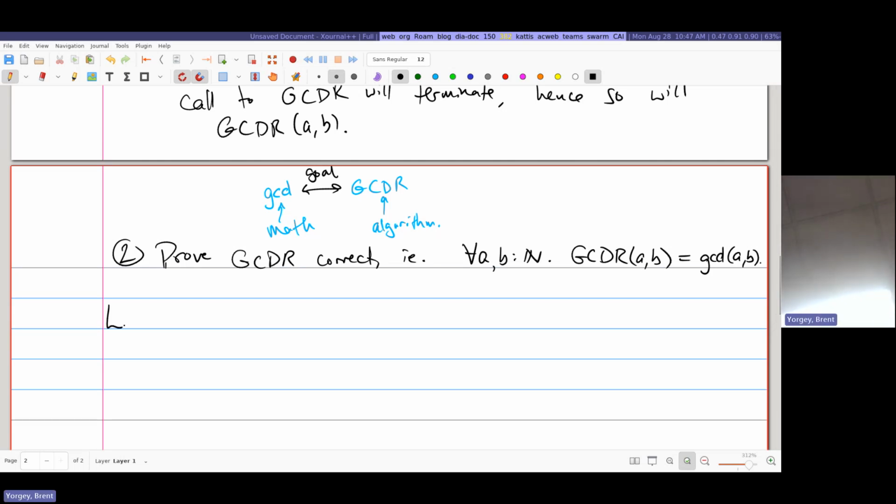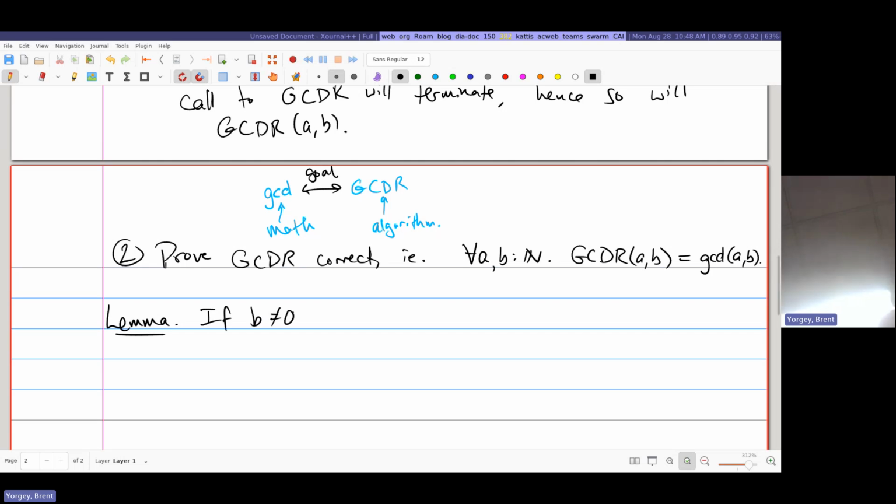Actually, in a way, this is a recap of something that I think we did in discrete. I think in discrete we gave a little bit of an argument why that algorithm is correct. So there's a lemma that I'm not actually going to prove, but I'll just state it.